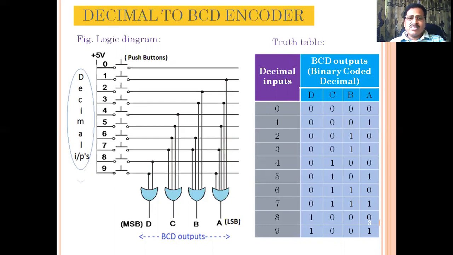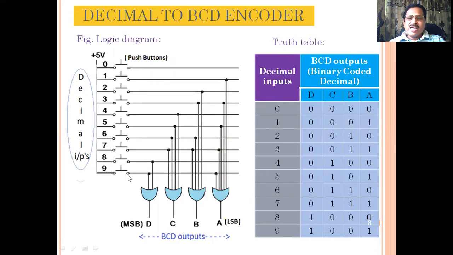For this purpose, there is use of a simple idea, a press button, or you may call it a push button. A key which we press, after which this whole line will be brought to the level of VCC or 5 volt, means logic 1 level. So at a time, we can press any one switch one by one, to bring either decimal digit as an input for this logic diagram.